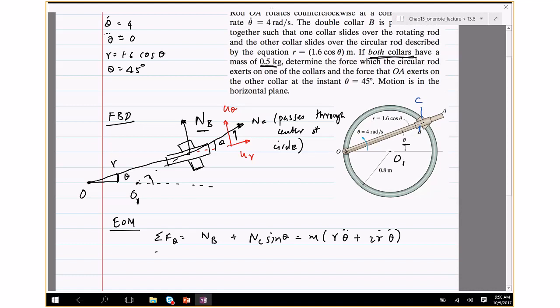Similarly, I need to write F_R, which is all the forces in this direction. So the force in that direction is going to be NC cosine of theta equals mass times (R double dot minus R theta dot squared). So that's it.